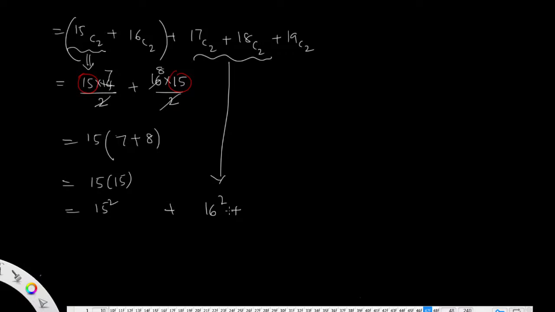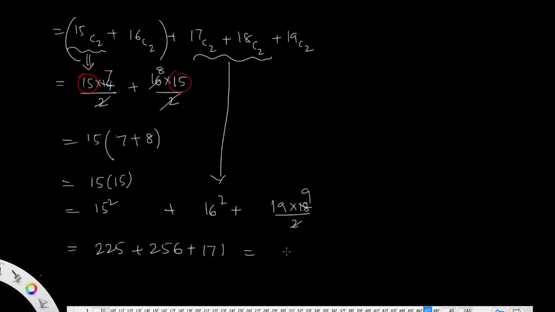Yes, 685 plus 19 c2, nothing but 19 into 20, 19 into 18 by 2. So 15 square is 225, 16 square is 256, and 9 ja 99 ja 171, total value 611, 7 plus 2.